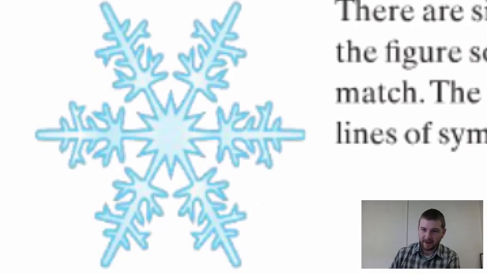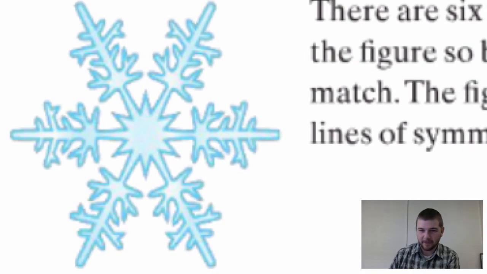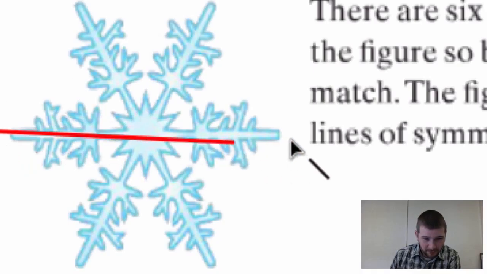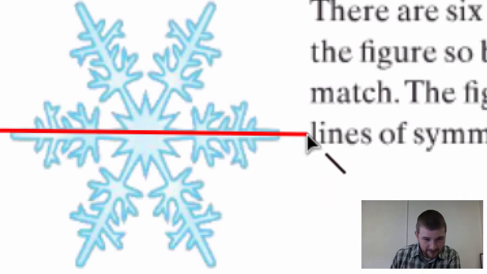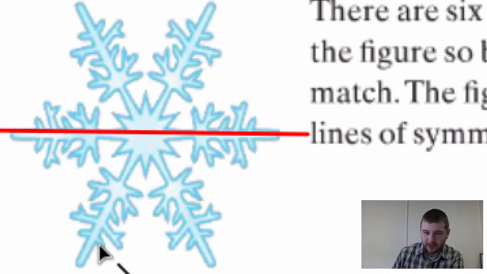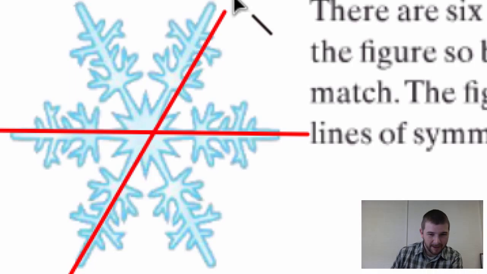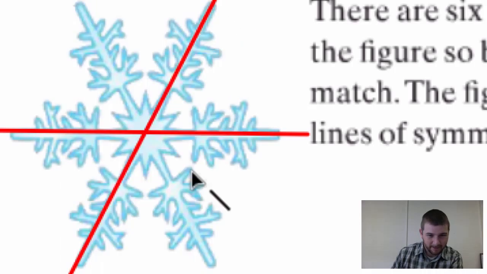Perhaps a good way to think about lines of symmetry is to imagine any lines across which you could fold the figure, and I'll be approximate here, but where they would match up. Again, imagine if this were wet ink, can we fold across that red line segment I've drawn and have everything match up perfectly? Well, with a little bit of imagination about my line placement, yes, we can.